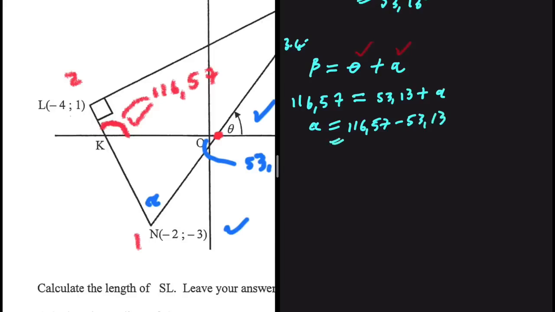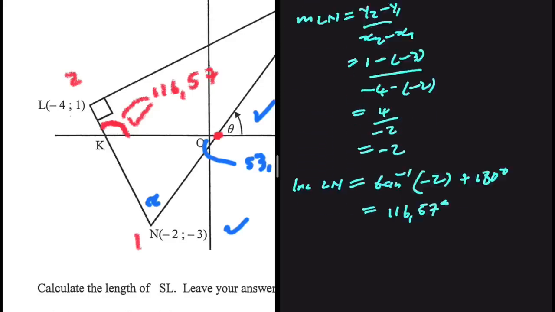Let me put that in my calculator. I get 63.44 degrees. So that is the size of angle LNS.